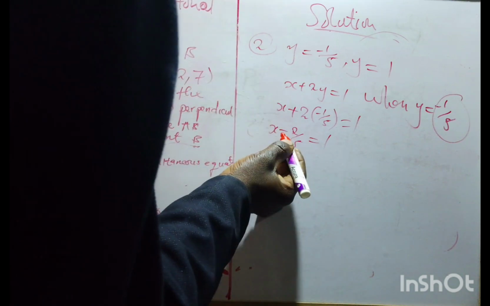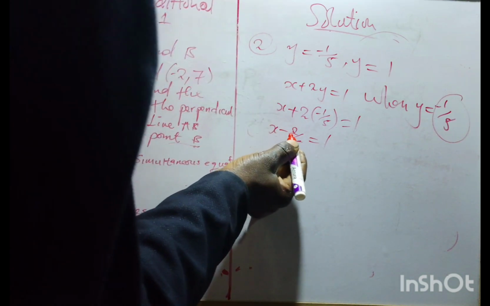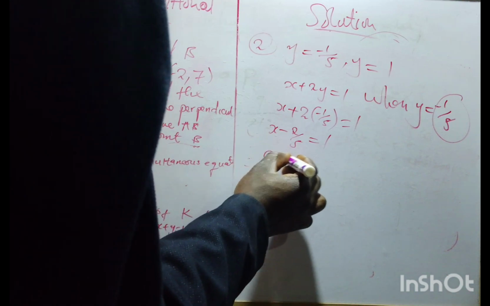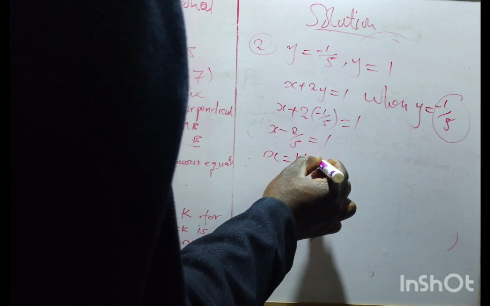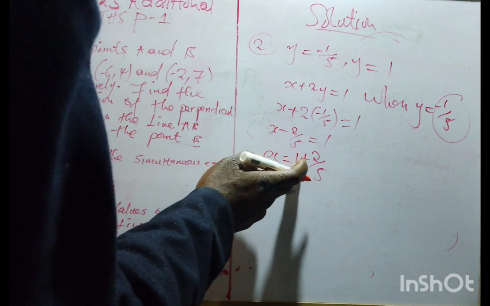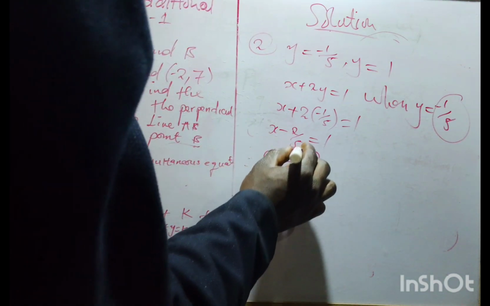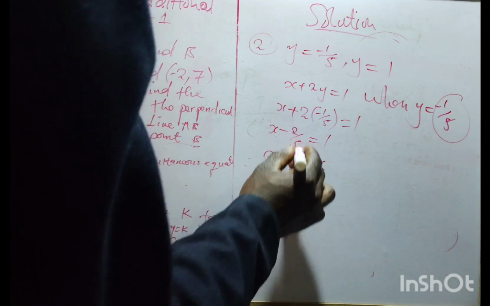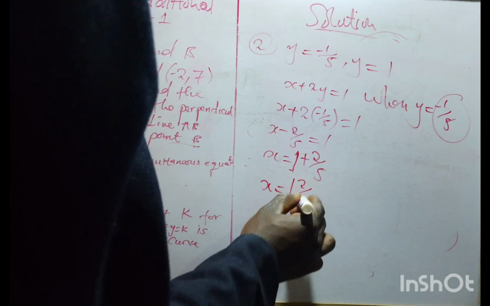Then when this negative 2 over 5 crosses the equals sign, x equals 1 plus 2 over 5. And the easiest way of adding fractions: this is the whole number which you see here, so it is going to be 1 whole number, then 2 over 5.